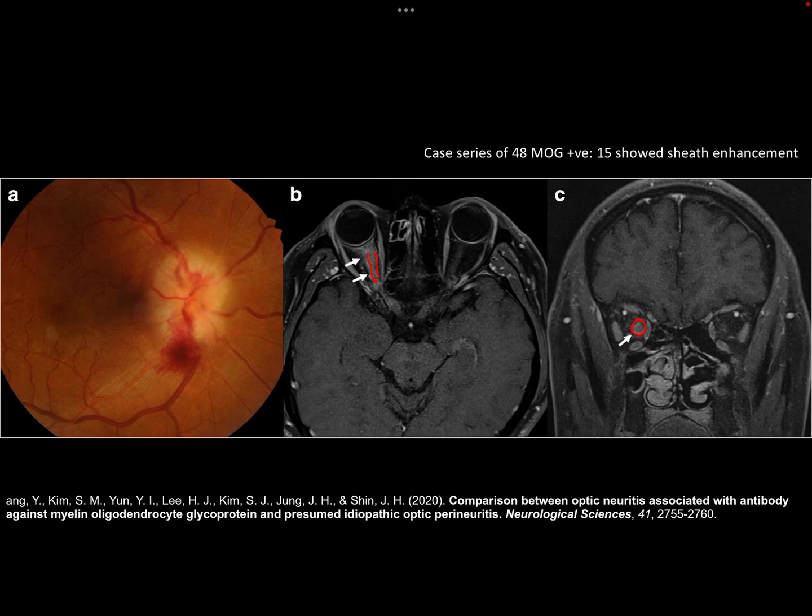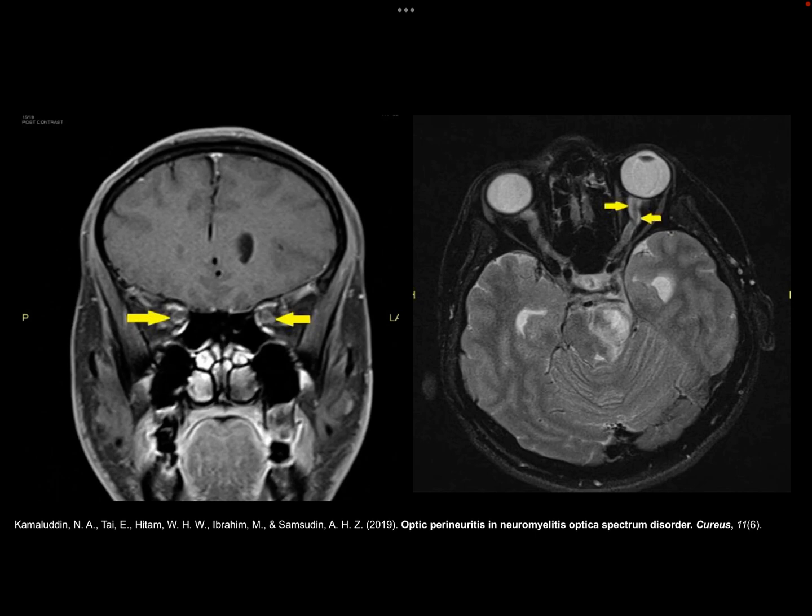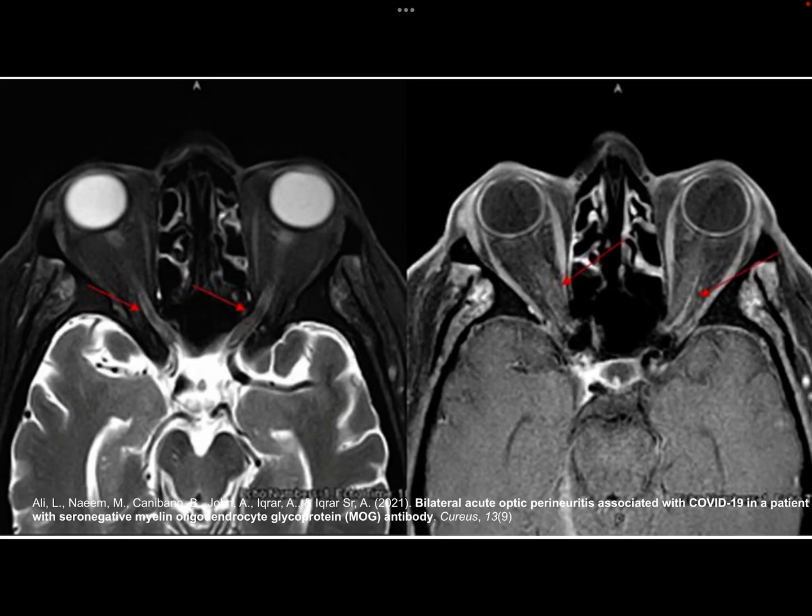This is the tram-track sign, and in one study, it showed that it happens in almost a third of patients presenting with MOG positive optic neuritis. Also, it can happen with neuromyelitis optica spectrum disorder, and here is another place where you would anticipate the tram-track sign in a patient with neuromyelitis optica.